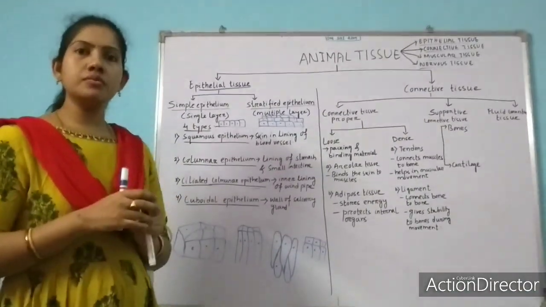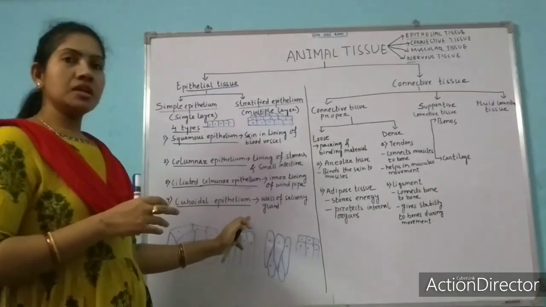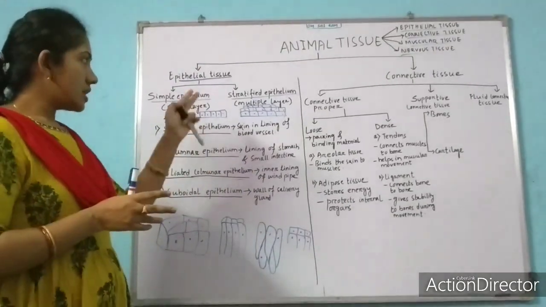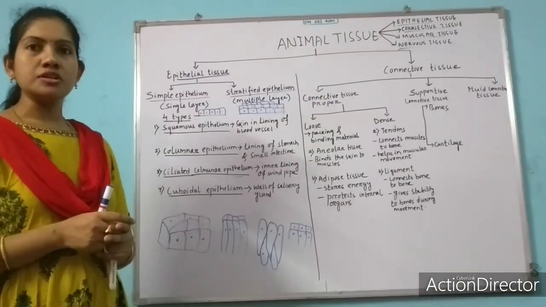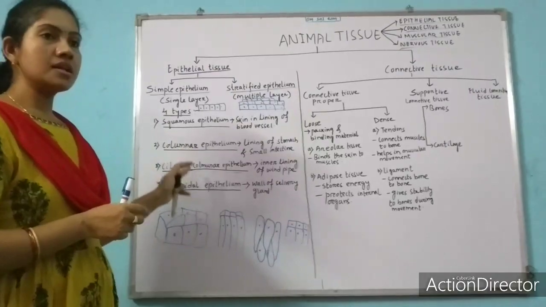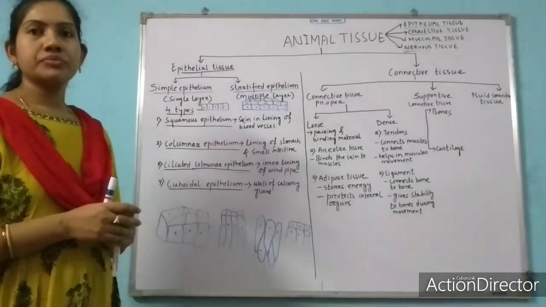Tubular epithelium generally also helps in secretion. So these are the 4 types of epithelial tissue: squamous, columnar, ciliated and tubular.